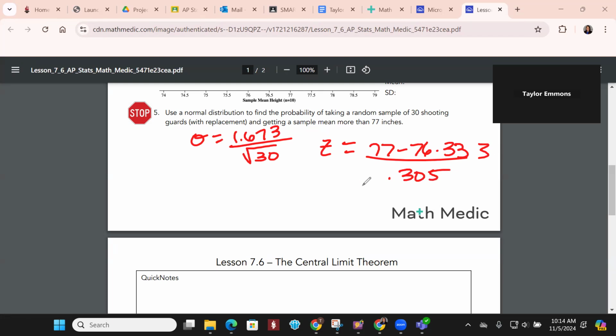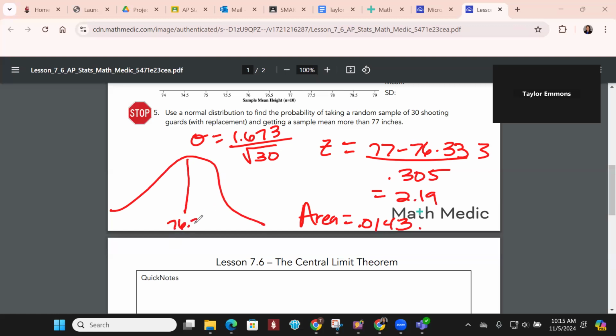When we plug all of that in, that's going to give us 2.19. When we look into our table, that means that our area is going to be 0.0143. Sampling distribution chart is going to look like this. 76.3 repeating. And then we want greater than 77.